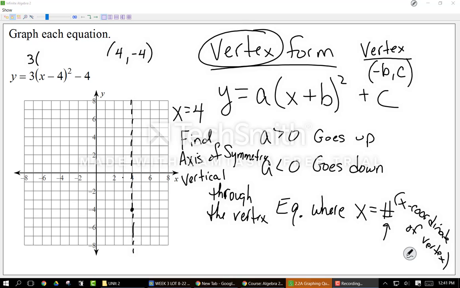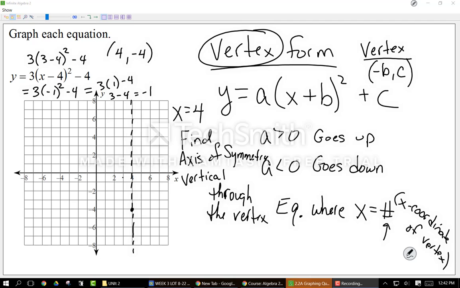So 3 times (3 minus 4) squared minus 4. Now I solve. So that's 3 times negative 1 squared minus 4, which is 3 times 1 minus 4, which is 3 minus 4, which is negative 1.